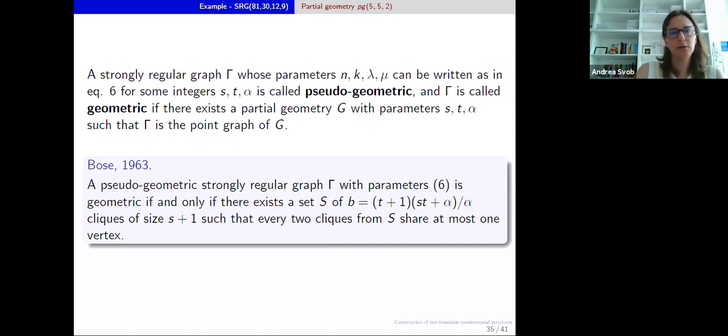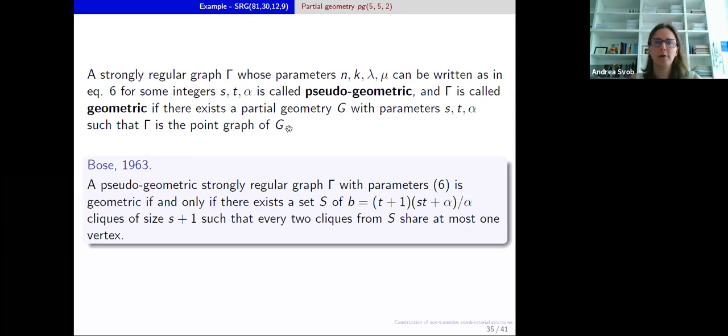It means that its parameters satisfy the conditions for a graph to be a point graph or a line graph of a partial geometry. But it does not necessarily mean that this graph will be a point graph or a line graph of a partial geometry. It will be called a geometric one if there really exists a partial geometry with parameters S, T, and alpha, such that gamma is the point graph of G.